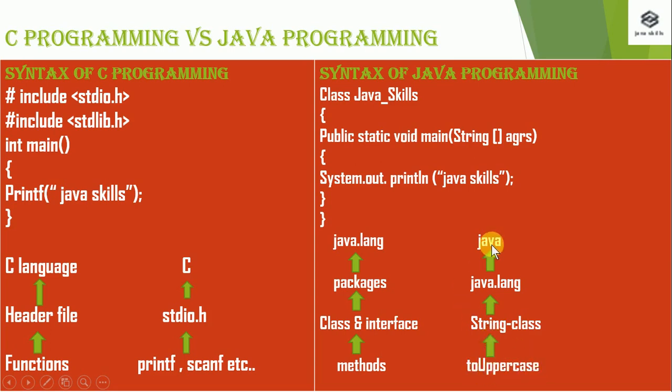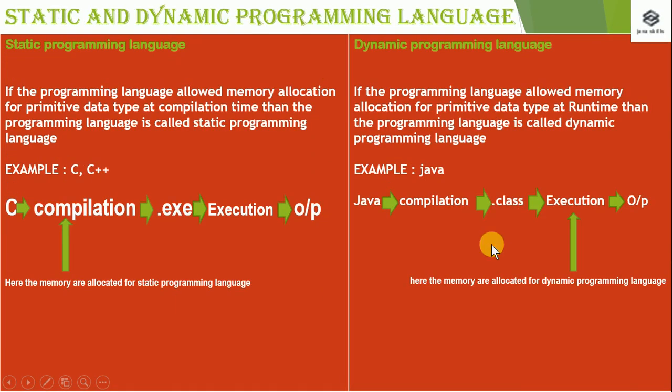Now we go for static and dynamic programming. What really are static and dynamic programming and how do they work? In C programming, as we know, C is a static programming language. If the programming language allows memory allocation for primitive data types at compilation time, then it is called a static programming language.